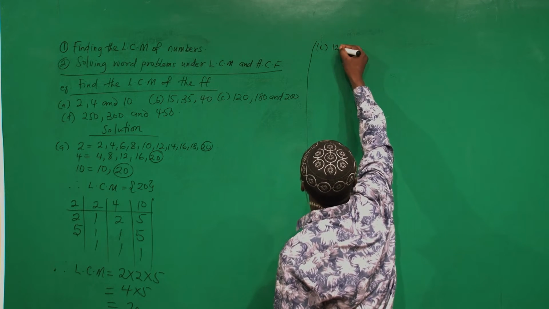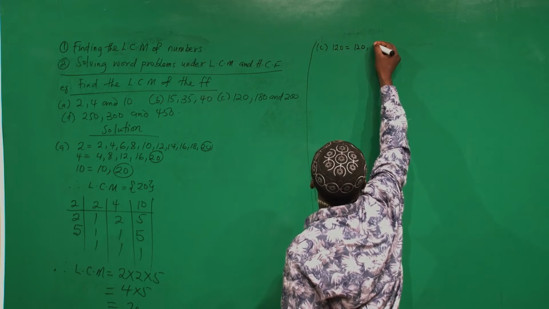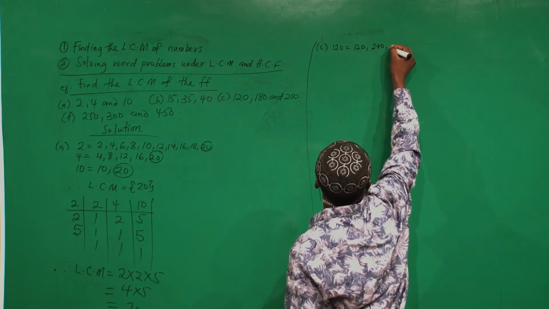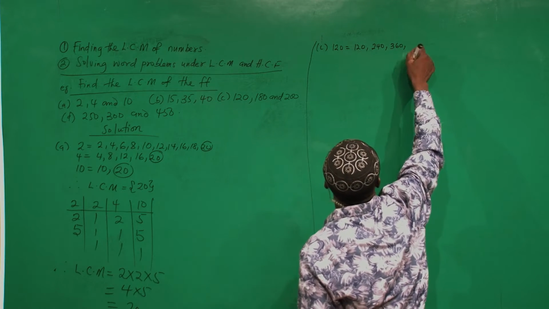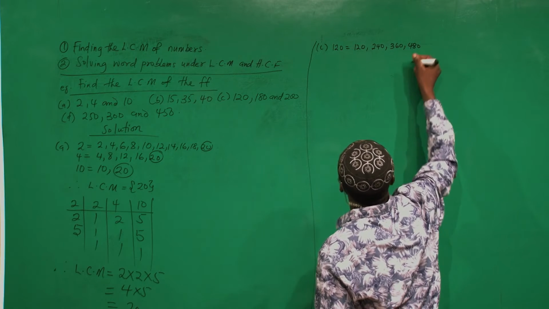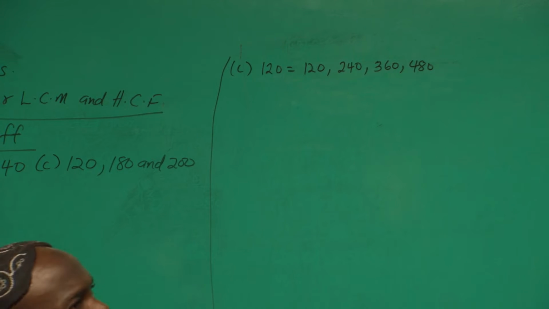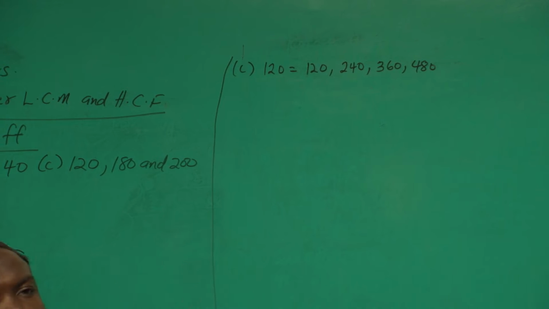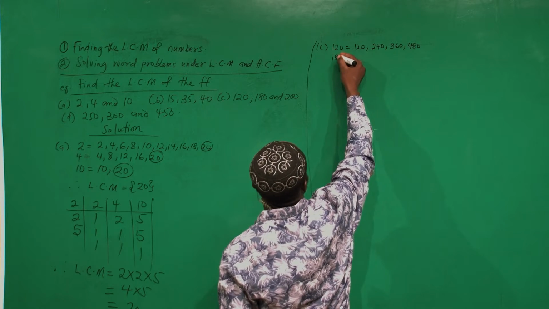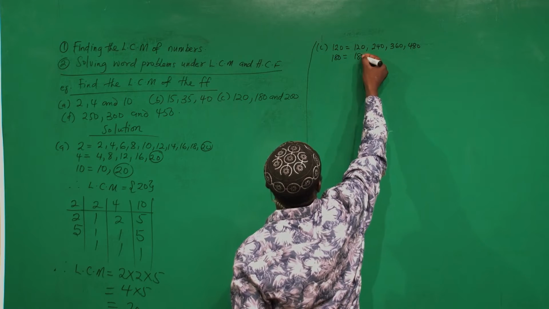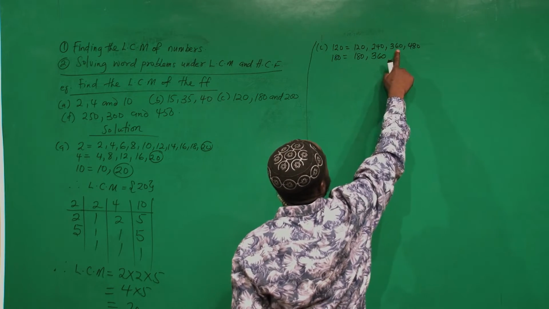We have 120. So 1 times 120, 2 times 120 is 240, 3 times 120 is 360, 4 times 120 is 480. So you can see that here, students who are not conversant with multiples and how to add and get the answers will find problem. Let's take the next one, which is what? 180. 1 times 180, 2 times 180 is 360. There is 360 here, there is 360 here.